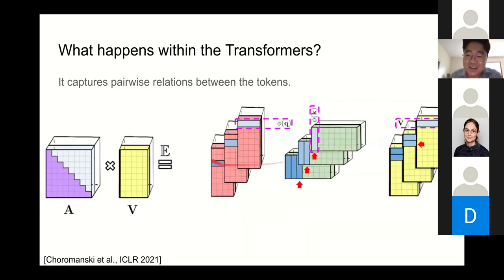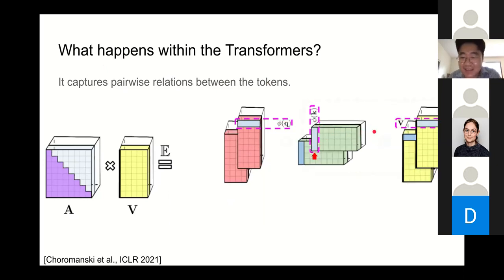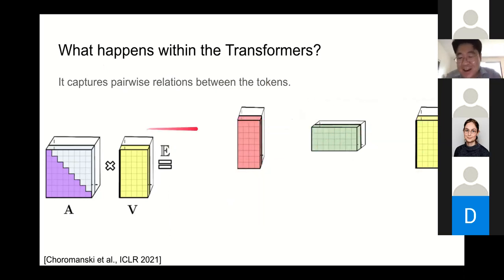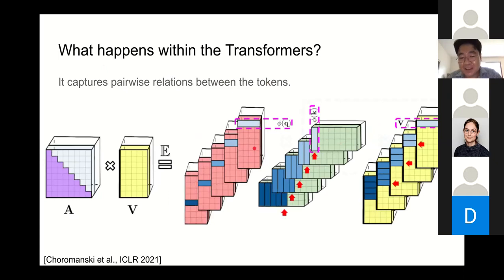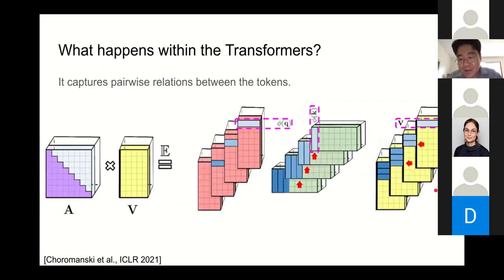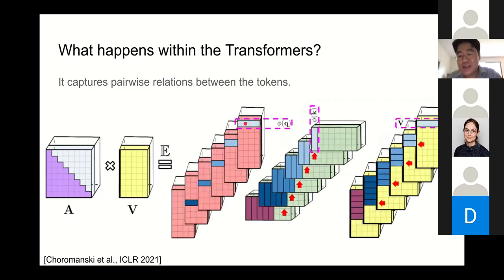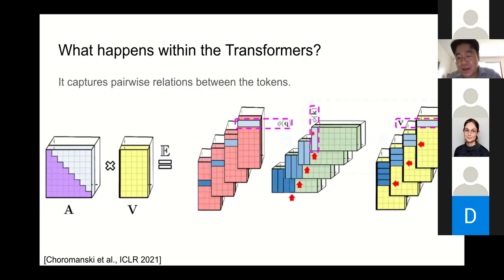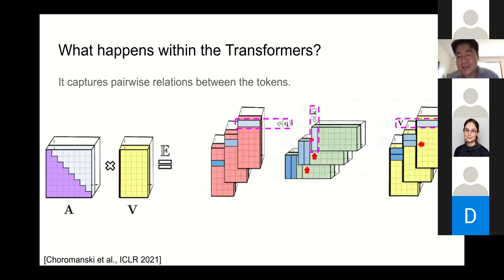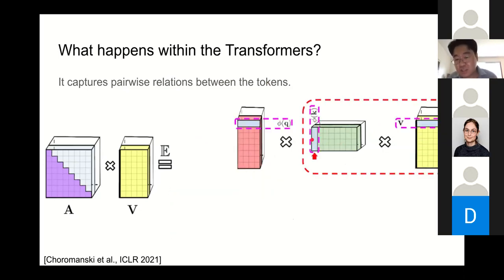This GIF animation is a bit too fast, but please bear with me. It has three different things: query, key, and value. And it tries to establish the dot product between every query entry and every key entry. What we mean by query and keys are nothing but different projections of tokens.